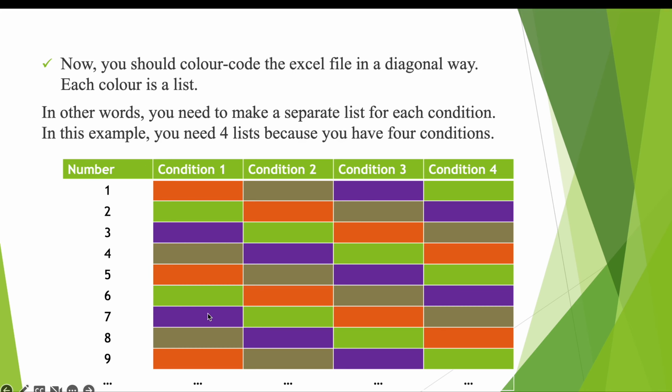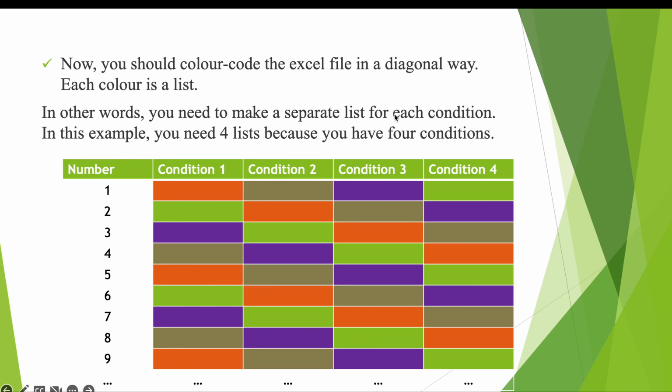The reason for color coding the Excel cells is that each color is representative of a list. So the orange cells make up list 1, then the grayish brown list 2, violet list 3, and then green list 4. In other words, you need to make a separate list for each condition.